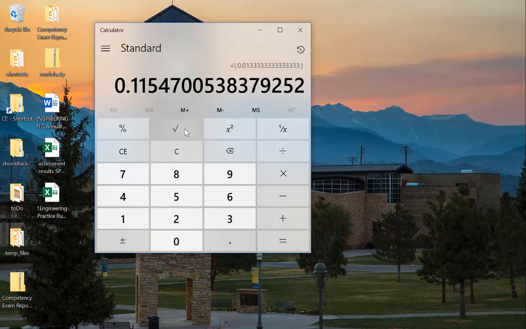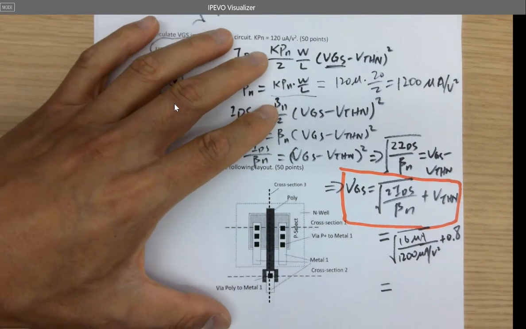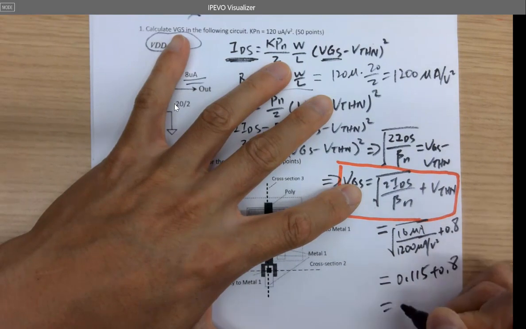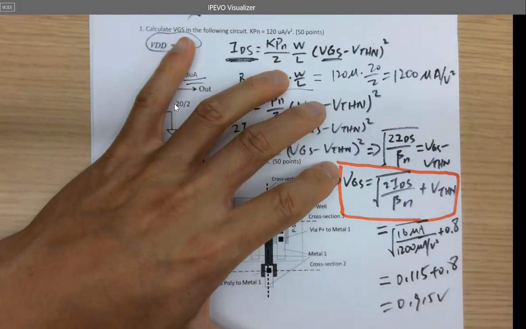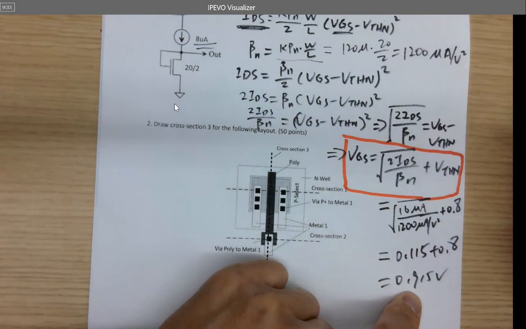Why does it show a different number when I used my phone? So some of you made it right, I think. Okay, so this becomes 0.115. Did you make it right? Did you get this number? You did it? Okay. You guys? No? Hmm?